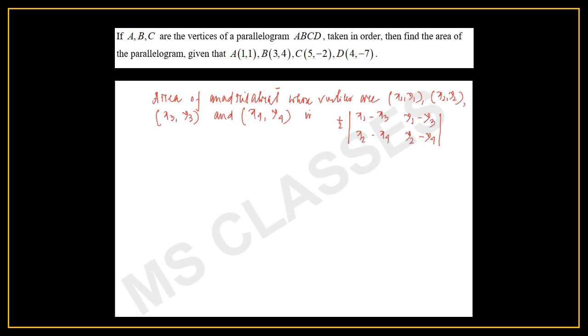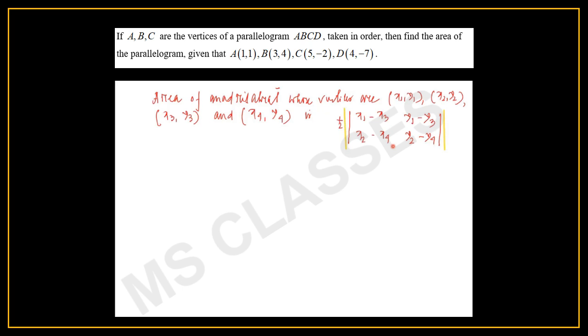So here we can just apply this and get the value of the area of the quadrilateral, but it should be in the mod. So hence we get the result very quickly.